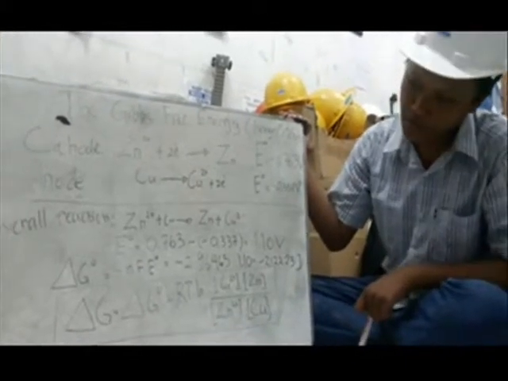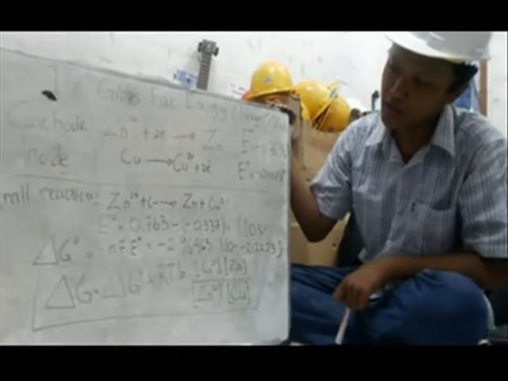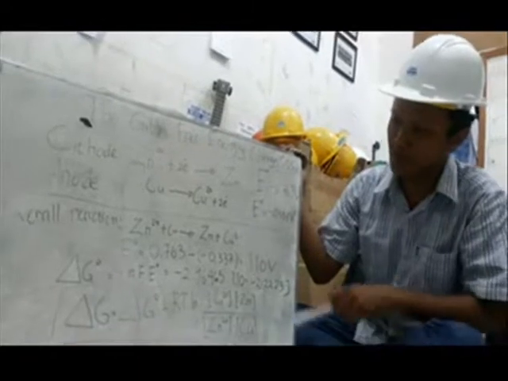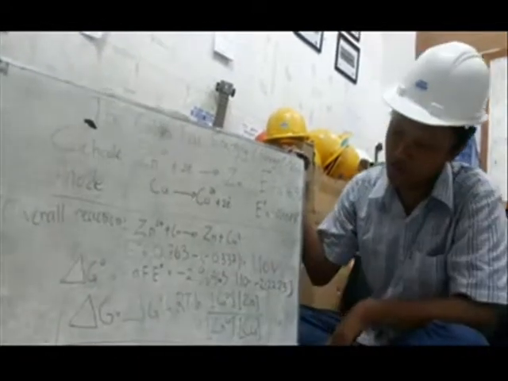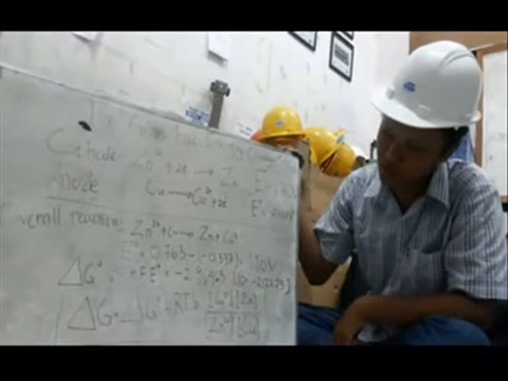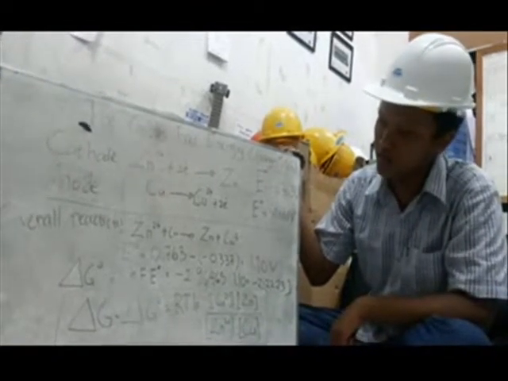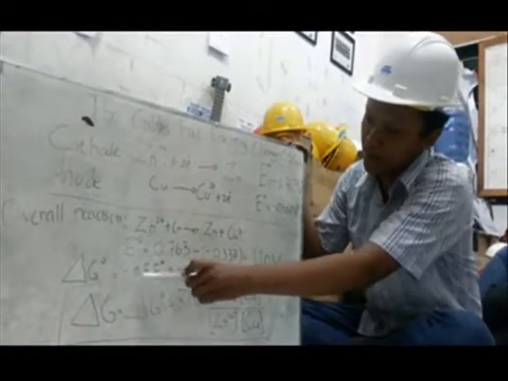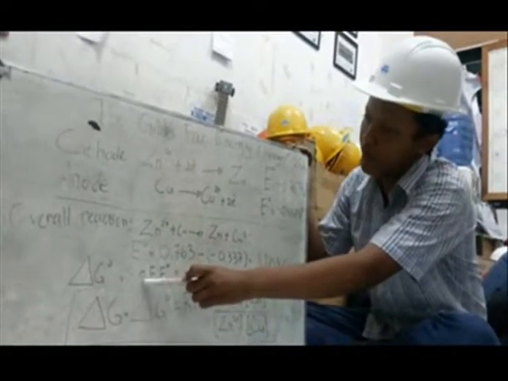The next step is finding the Gibbs free energy in the standard state. You can see this is the formula: minus n times F times E. This is the cell potential in the standard state, and this is the number of electrons.